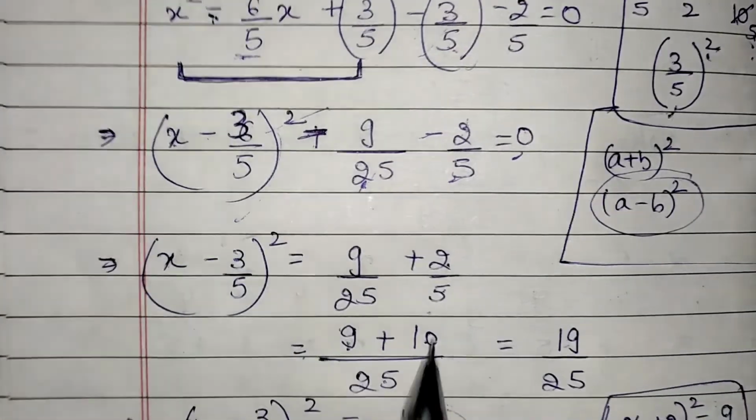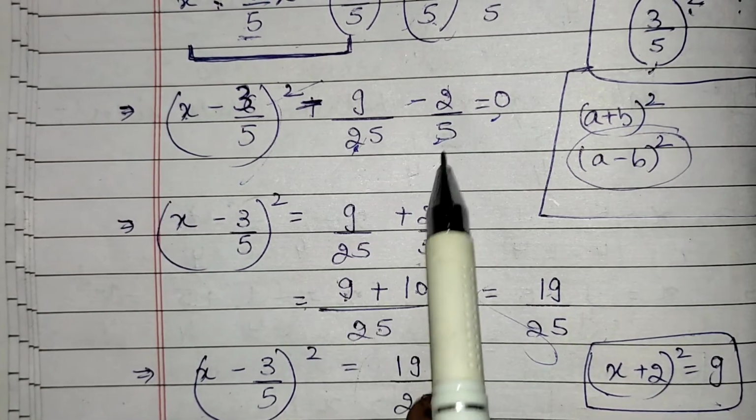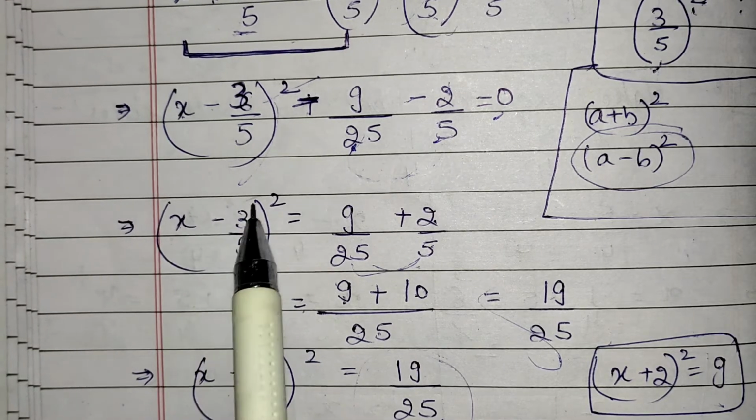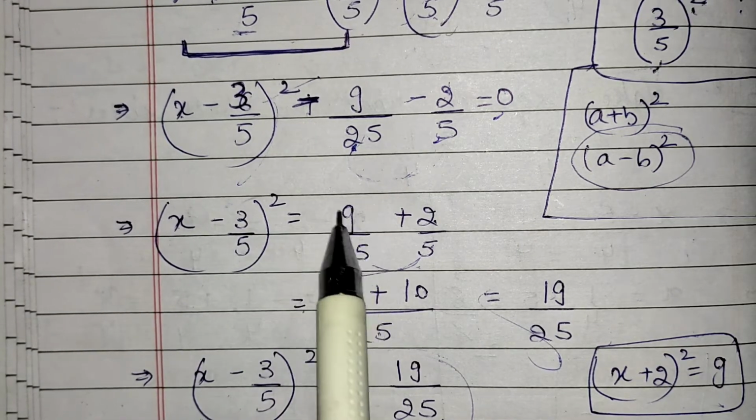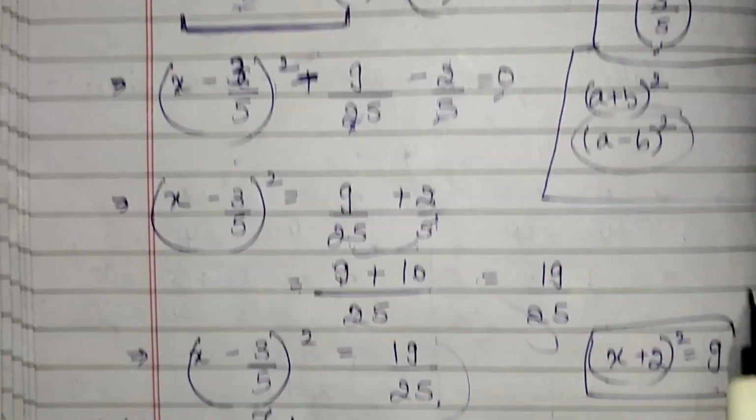Now, as we have done in our previous example, take these two terms to the right hand side. That means x minus 3 by 5 whole square is equal to 9 by 25 plus 2 by 5.